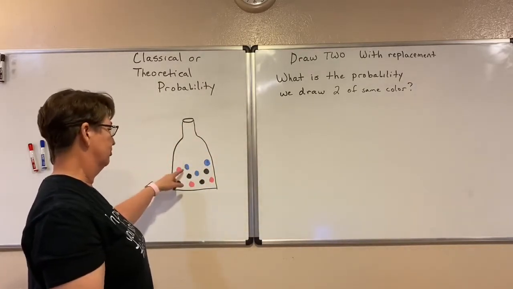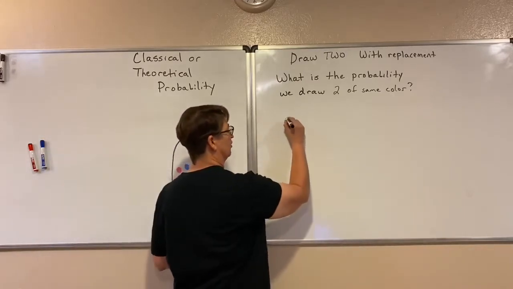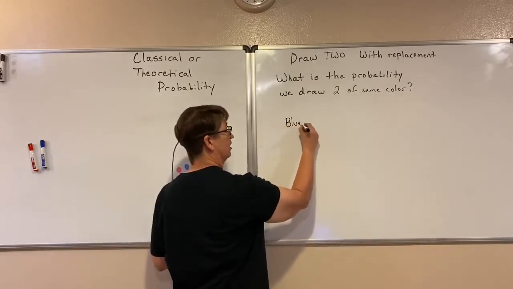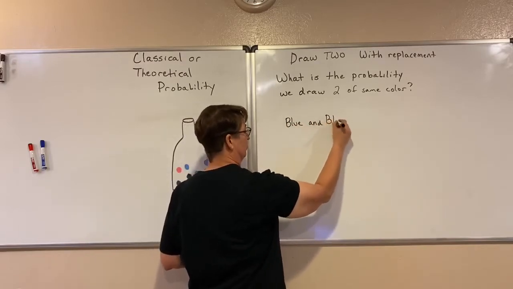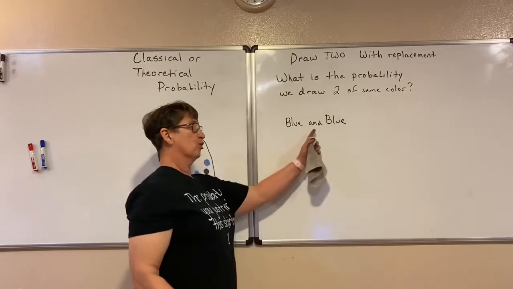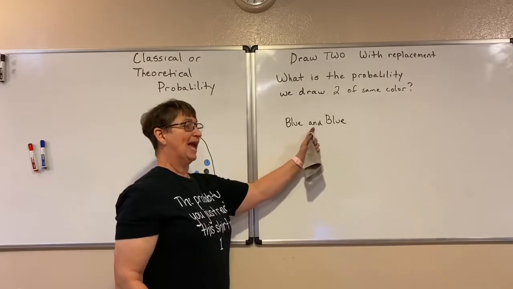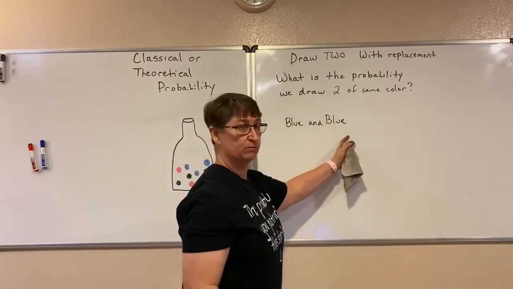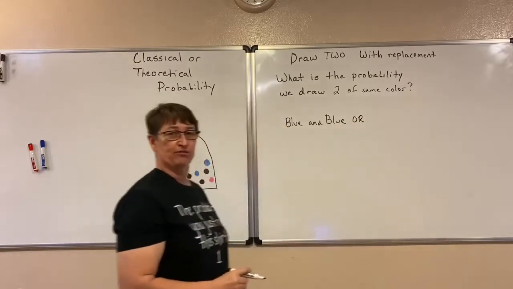Well, one color could be blue. And if I draw blue on the first one, in order for me to get 2 of the same color, then I'd have to get a blue on the second one. Notice I use that word and, because I have to get a blue and a blue. Or, maybe I don't get a blue on the first one.